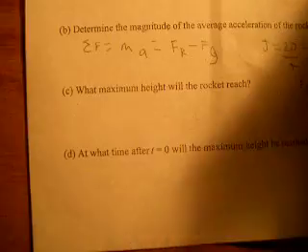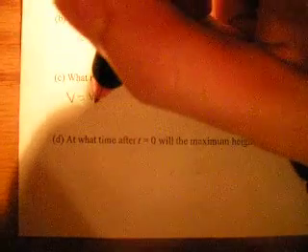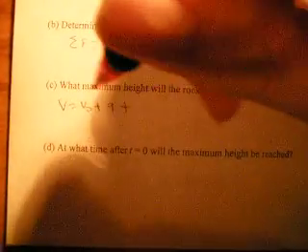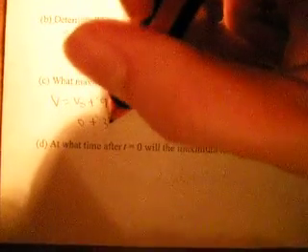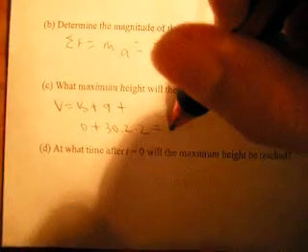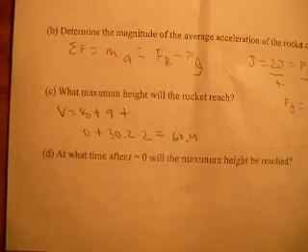For the part where it is accelerating with the rocket, we can find the final velocity right before the engine stops by saying v equals v naught plus at, and solving for v. v naught is 0, a we found earlier to be 30.2, and t is 2, so that equals 60.4.